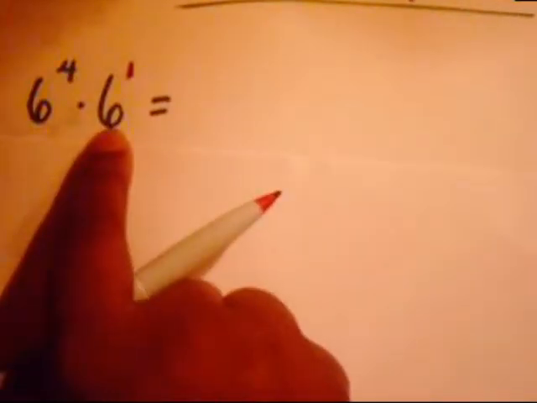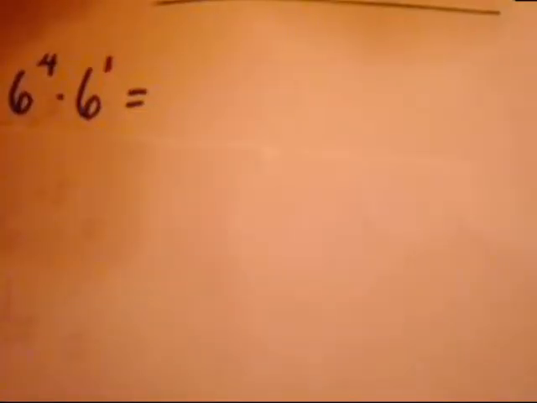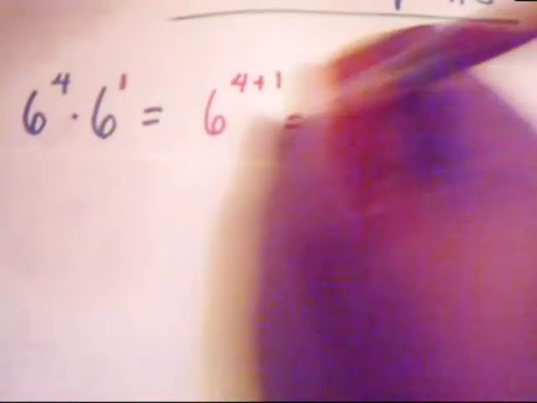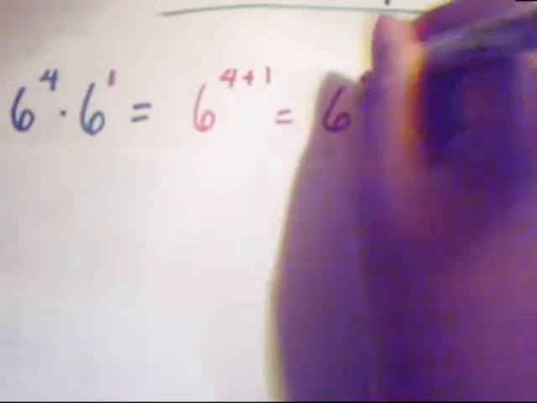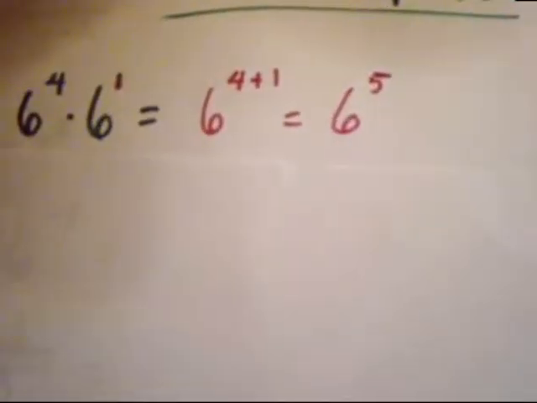Even though that 6 has no power on it, we understand that it always has a power of 1, because 6 to the first power will give us 6. Okay? Power of product law says when you're multiplying and you have the same base, all you have to do is add your exponents. So what this is really saying is 6 to the 4th plus 1, which is 6 to the 5th. That is power of a product law.